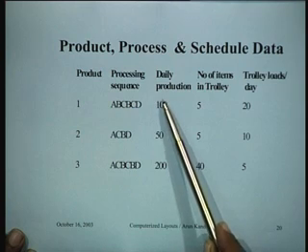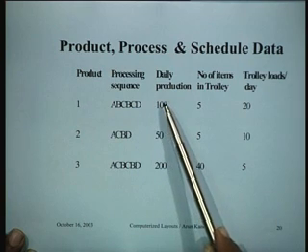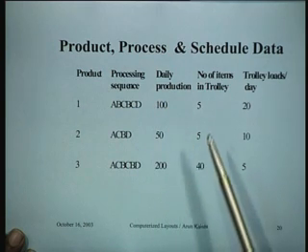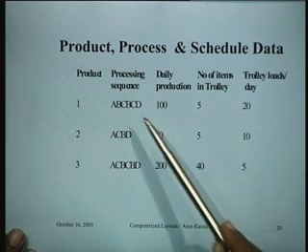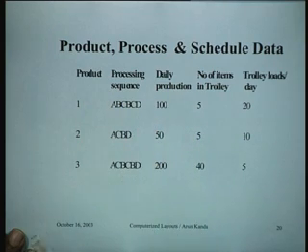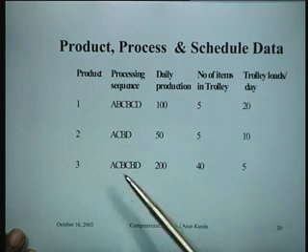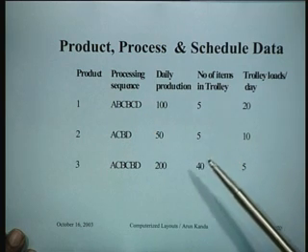And let's say the daily production is 100 units. Now these are products which could be of different sizes, right? But in terms of material handling effort, we would like to combine this information in the form of a common material handling unit. So you can talk in terms of trolley loads per day, because the material will be moving in the factory in, let us say, trolleys.